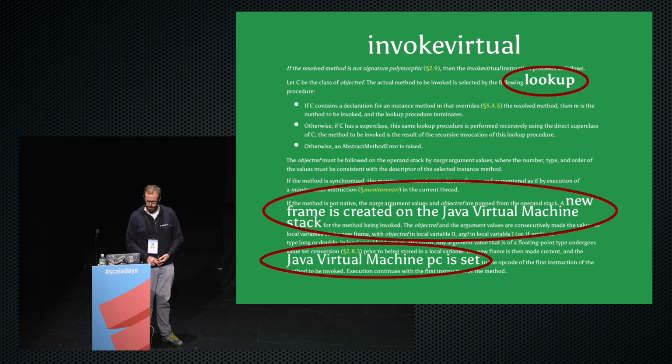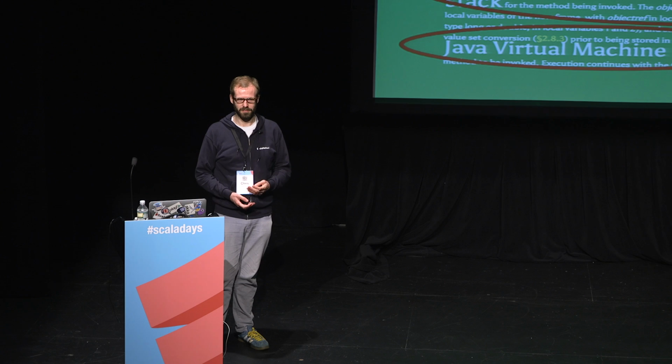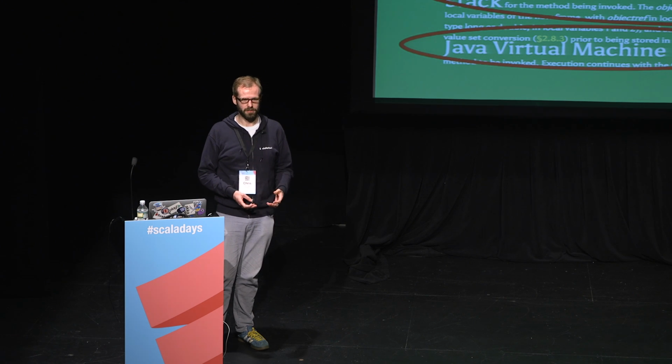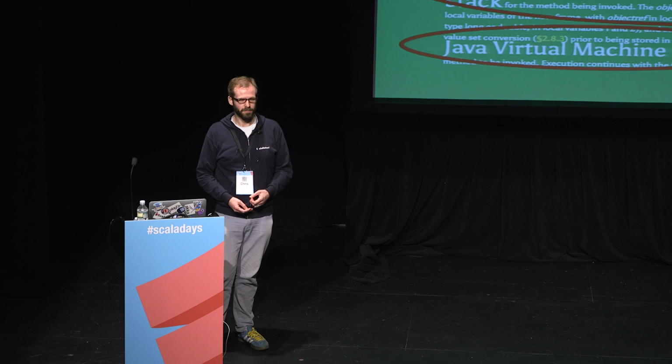And then finally, it says the Java virtual machine PC is set. And PC is program counter. What this means is that your program is doing a jump. And a jump is kryptonite for CPUs. The one thing that your CPU wants to believe about your program is that whatever it's doing now, it will continue to do in the future.